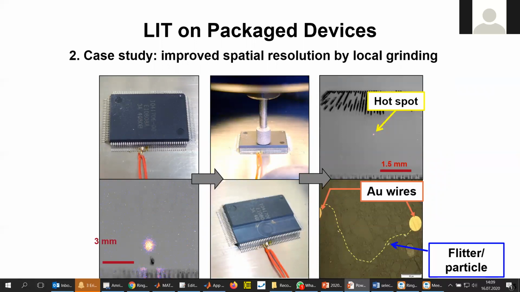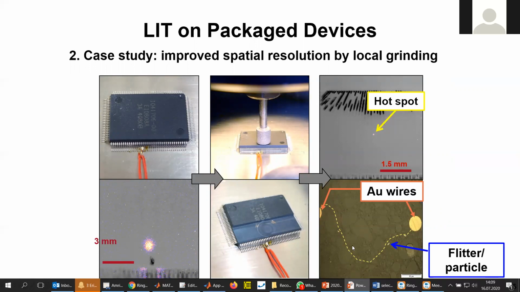The second case study is also addressing a fully molded sample. At the beginning, lock-in thermography was applied, and there was a diffuse hotspot observed. However, the resolution or the size of that hotspot didn't really allow localizing the defect, which is why we thinned back the molding compound and repeated the lock-in thermography, and with a much thinner layer of the molding compound, we've actually had a chance to nicely localize that defect.